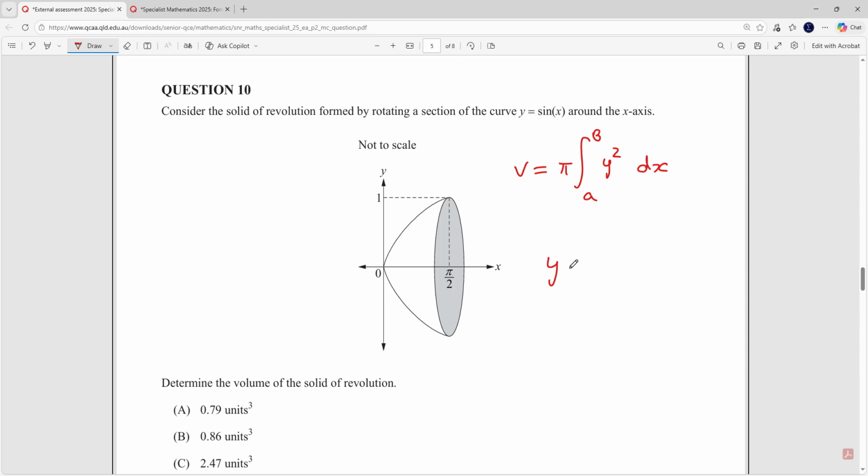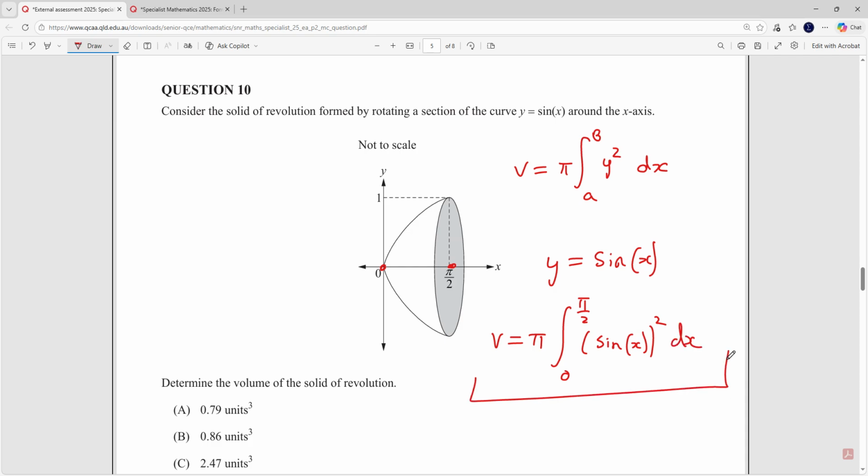Now because y in this case is sine x, we just need to know where we're doing it from. Now because we're going from 0 to pi over 2, we just need to effectively calculate the integral of pi, 0 to pi over 2, of sine x all squared dx. And I would just chuck that straight into my calculator.